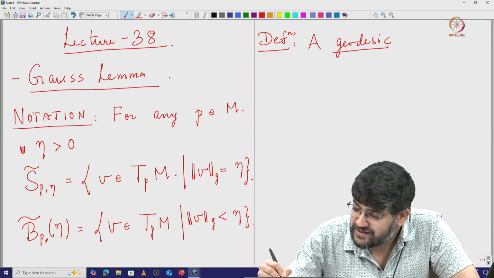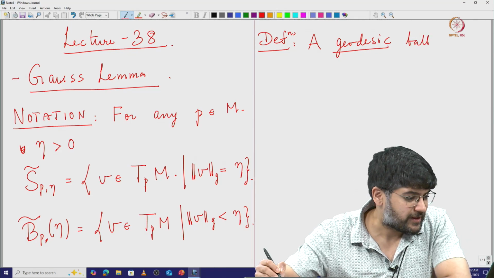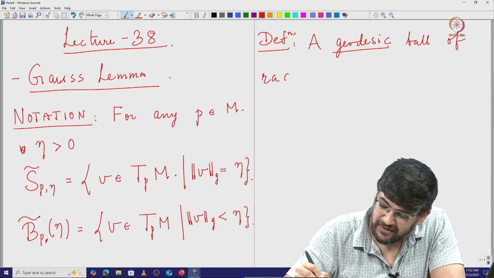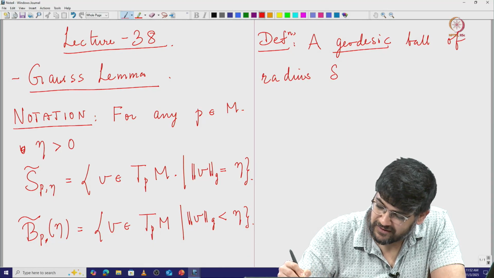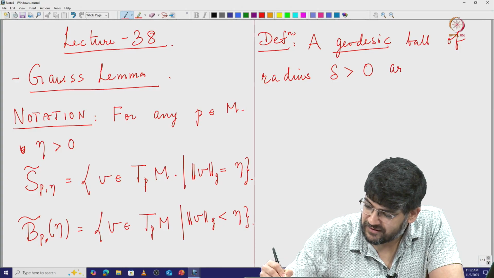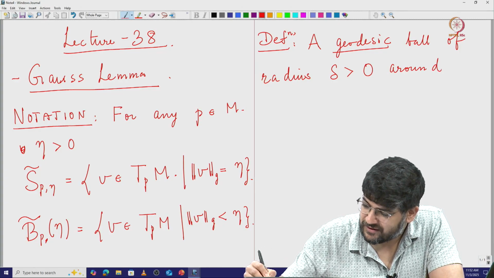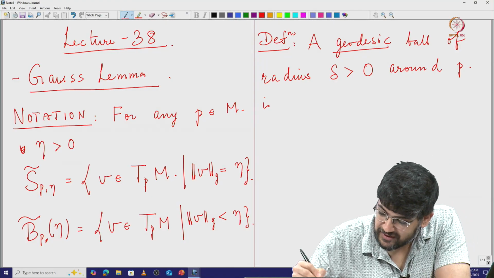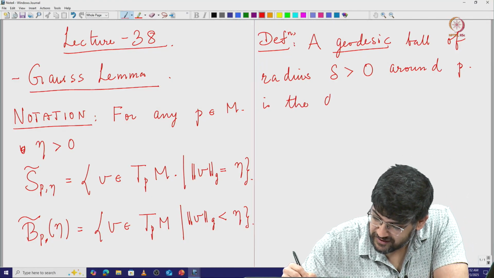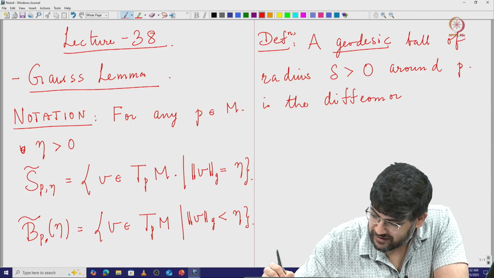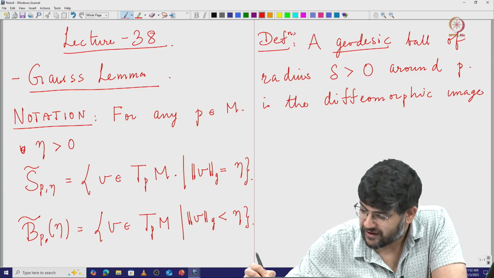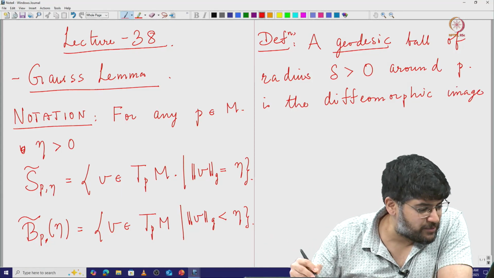Now, a geodesic ball of radius delta around P is the diffeomorphic image.